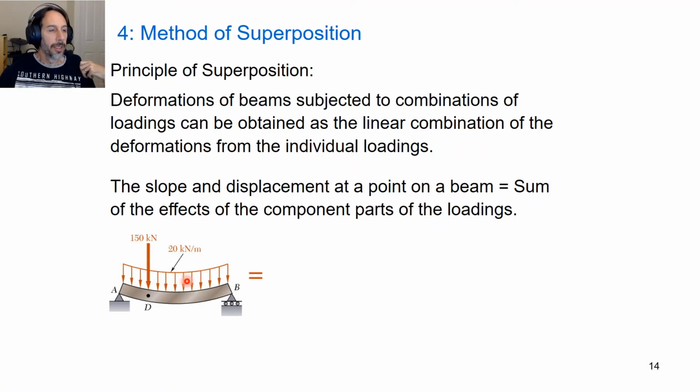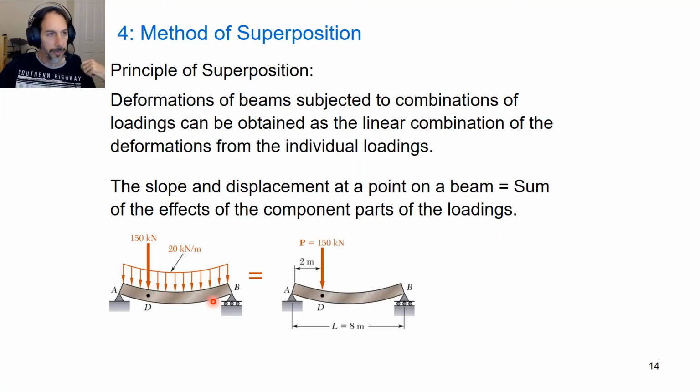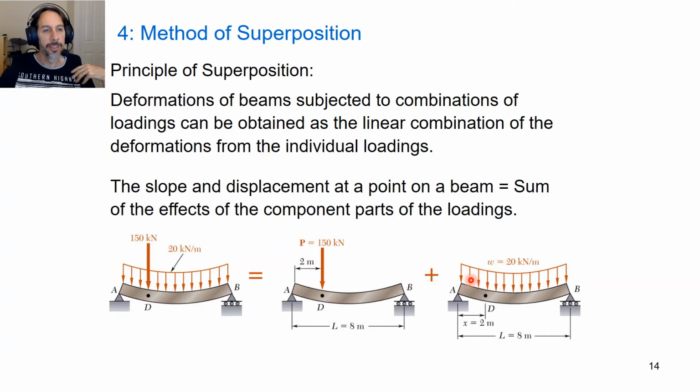If we have something like this, for example, a simply supported beam with a uniformly distributed load and a point load somewhere, we can't look up a standard case for this and get the displacement at D or anywhere else. What we can do though is separate it into two parts. We have the simply supported beam with a load somewhere along the beam, which is a standard case in our table, and we also have the standard case of a distributed load. So we can simply add those two things together.